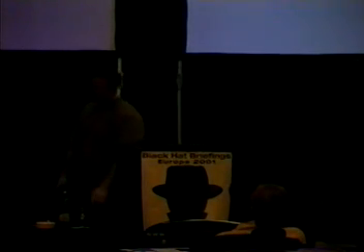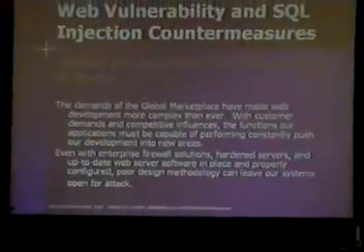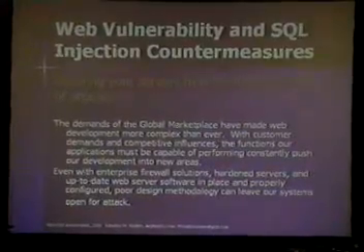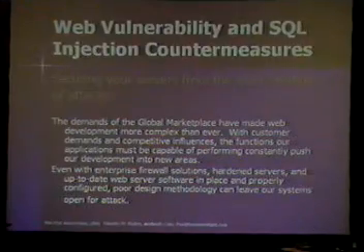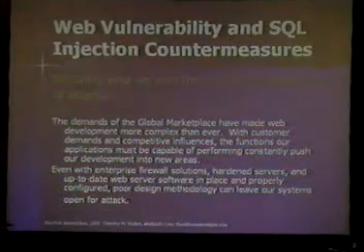So what we're going to be talking about today is web vulnerabilities. Vulnerabilities that we introduce into our own systems by means of poor design, and vulnerabilities that other people introduce into their systems by poor design.